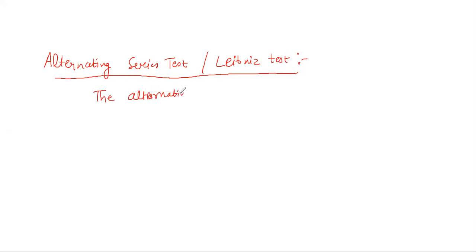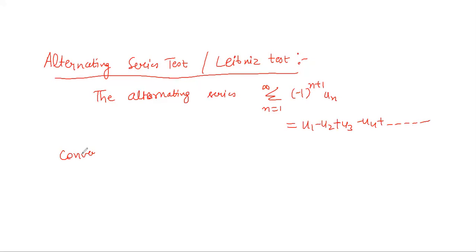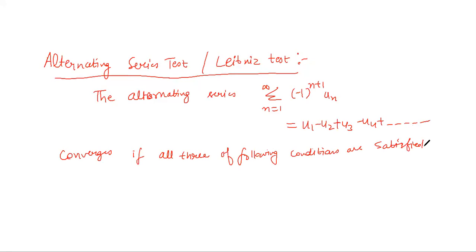I'm writing the alternating series, summation n equal to 1 to infinity, minus 1 raised to power n plus 1 un, which is u1 minus u2 plus u3 minus u4 and so on, converges if all three of the following conditions are satisfied, right?